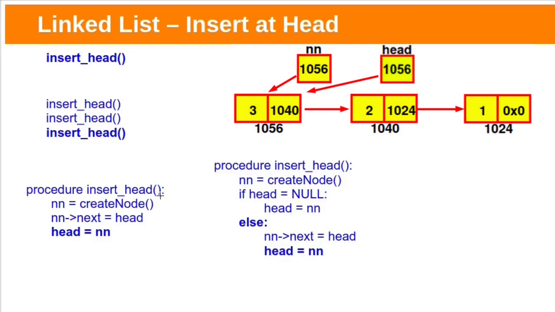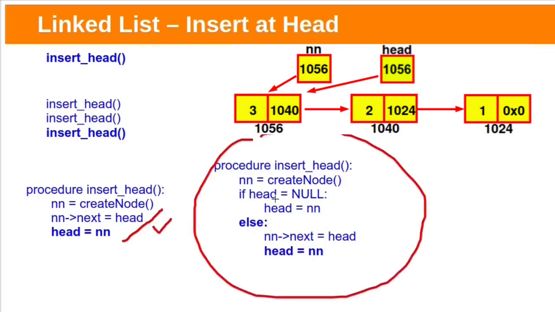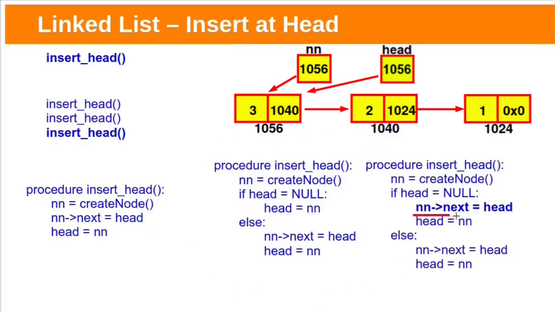In short, you can even write code like this for the insertion at head function. This code will also work the same as this code. See here, when head is null, meaning the linked list is empty, we are simply adding the new node address in the head. Suppose even if we add this statement, there will be no difference since here head is null.